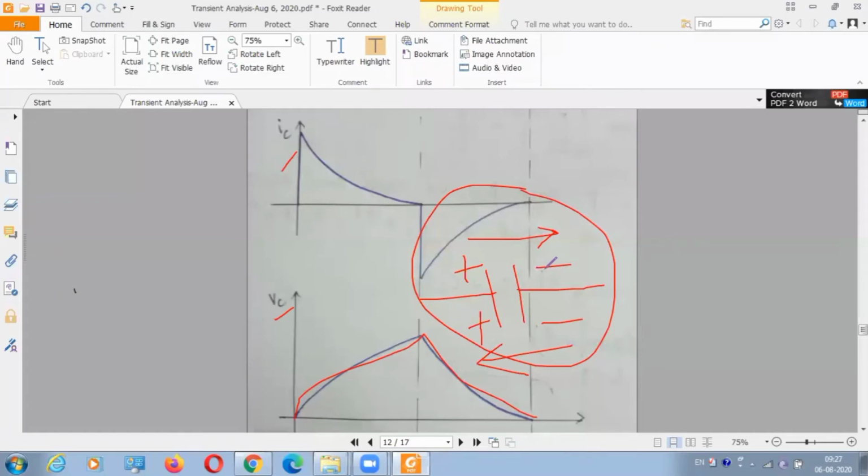And for a capacitor, I is equal to C dV by dt, so the current equation is a differential equation. So whatever the current equation for the inductor will be, it will be the same as your voltage equation for the capacitor.